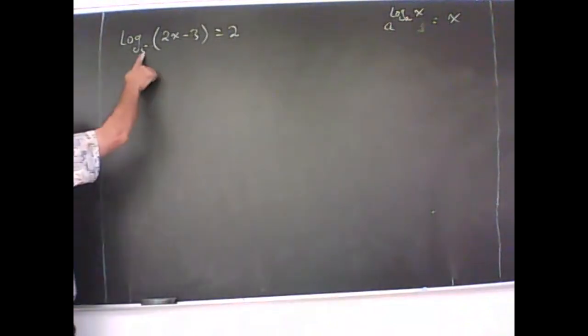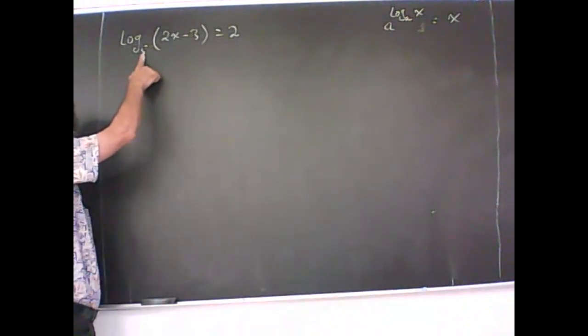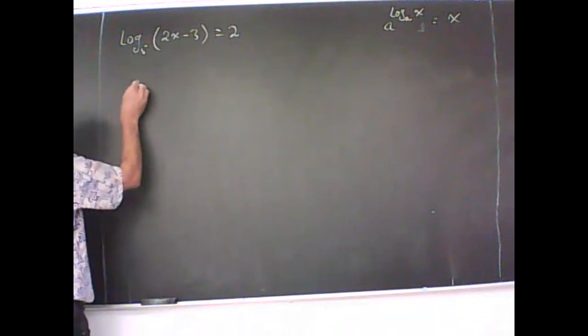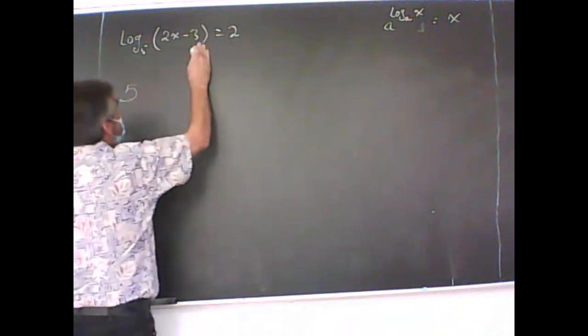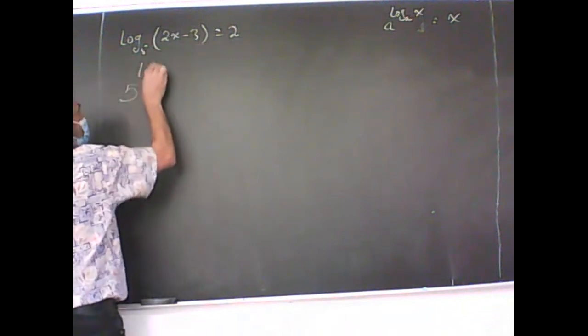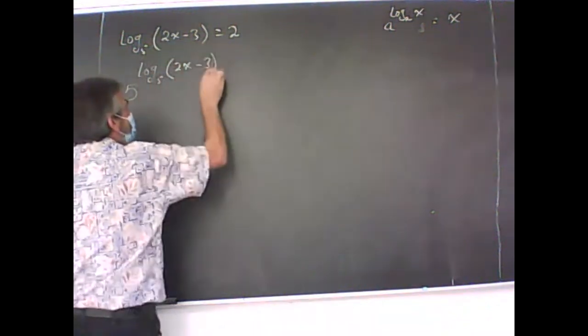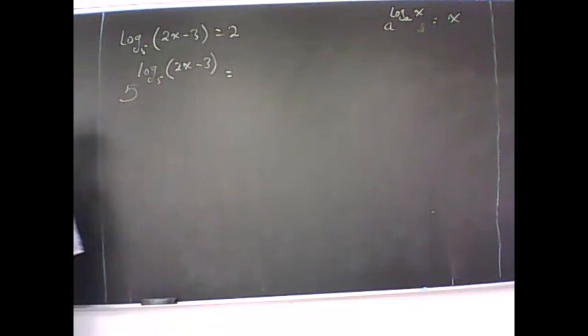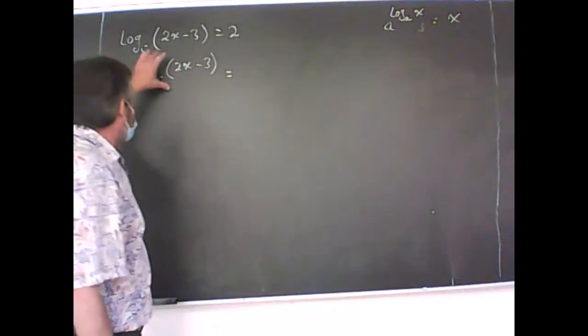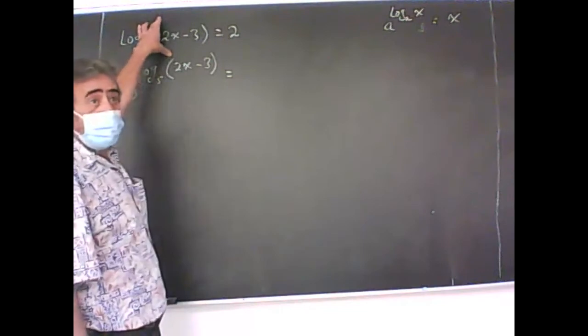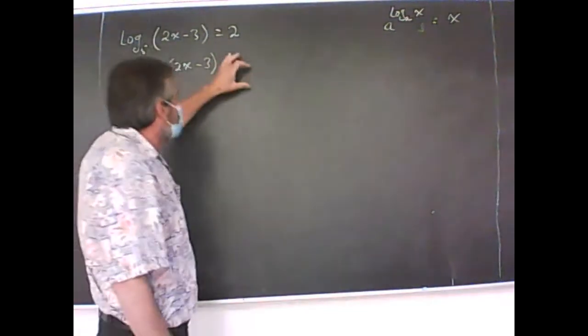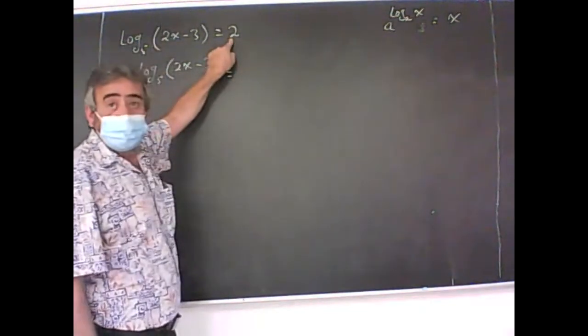So what's the base of this log? 5. I can do this. I can say 5 raised to all of this, log base 5 of 2x minus 3. Because I said 5 raised to this, so this has to equal 5 raised to this.